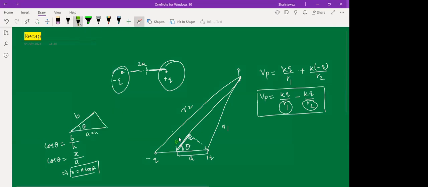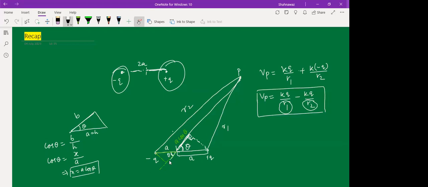So this is A cos theta. Okay. And let us extend this line and draw a perpendicular here. Again, this is A, and this is theta, right?